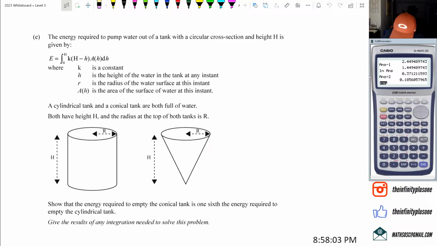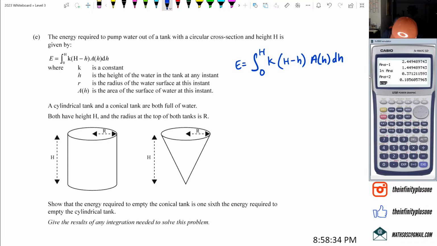So doing the cylindrical tank first, we've got the energy is equal to the integral from 0 to H. Nothing really to do with that. K is just a constant. We're not going to do anything with this. Capital H is the height, so that's a number: H minus h, and then we've got area of h dh.